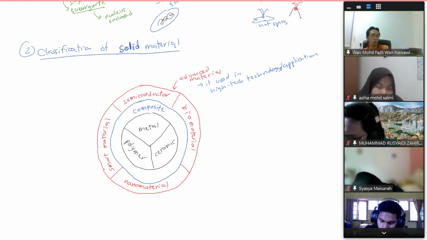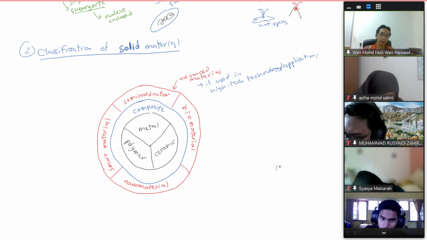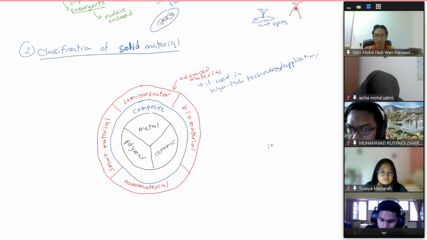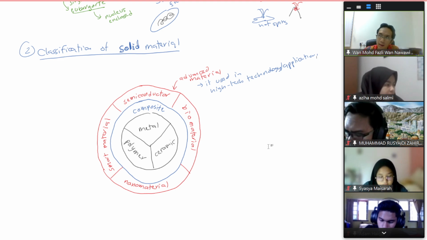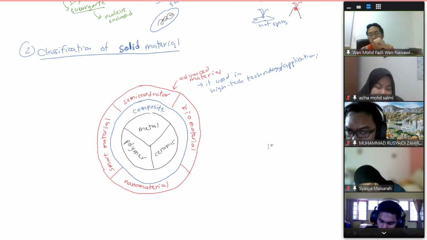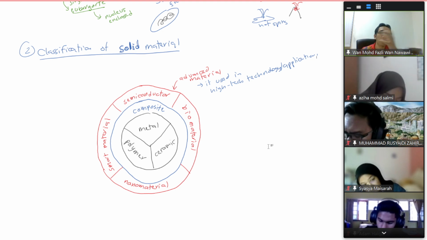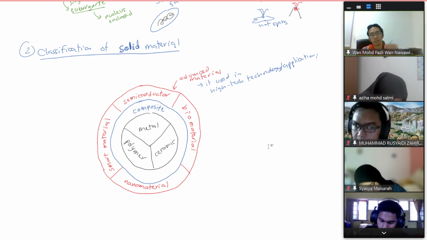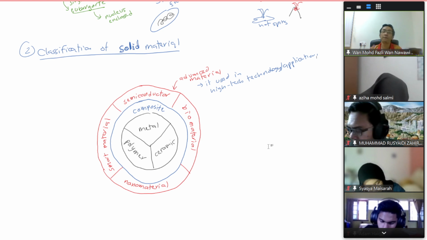Now let's go one by one. We start with metal first. When we talk about metal, later on I will go to this diagram again. But before I go to metal, let's talk about properties first. When you have a material, for example this pen, you can analyze it based on a few properties.